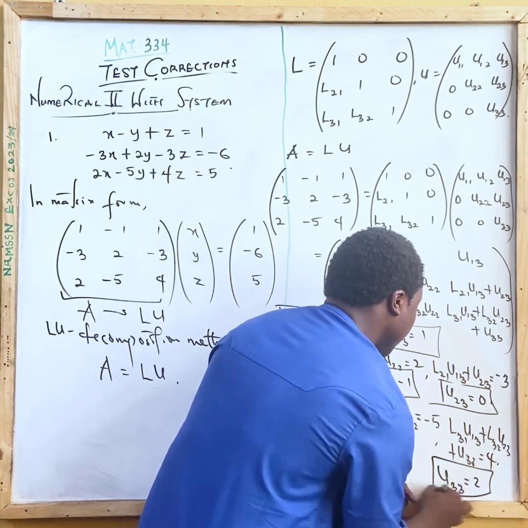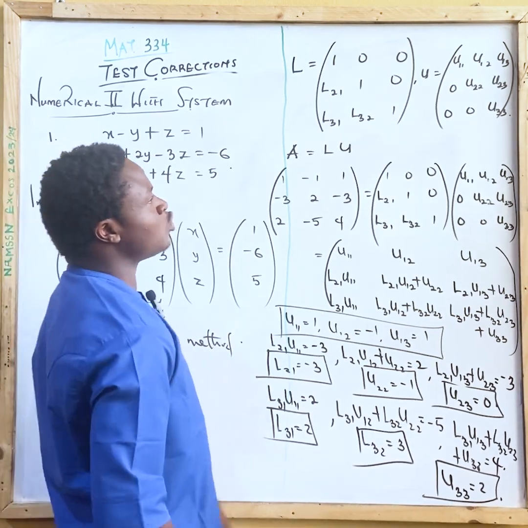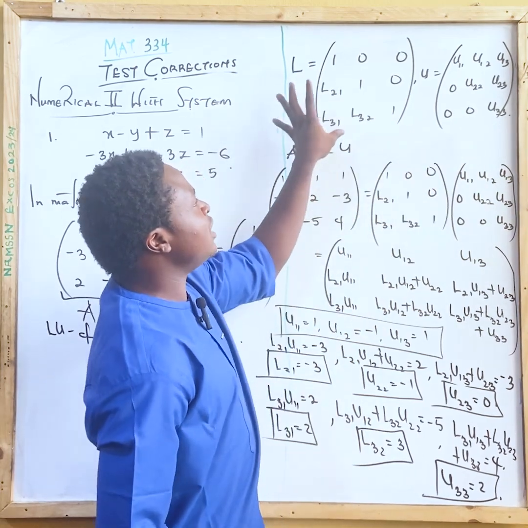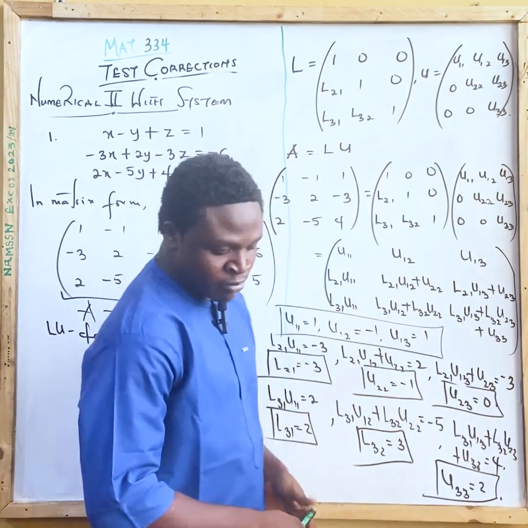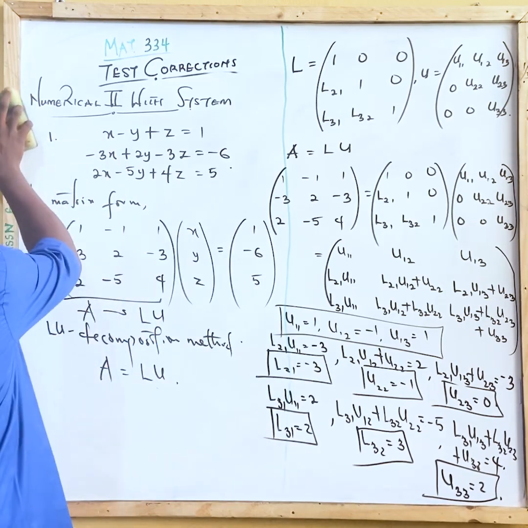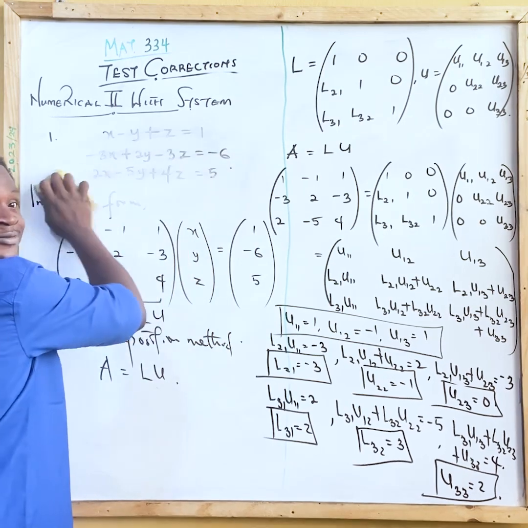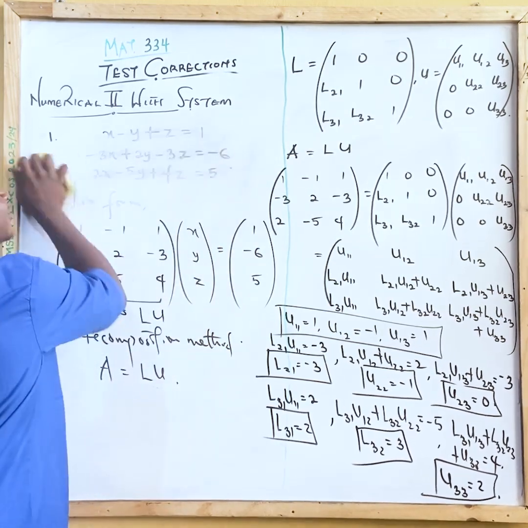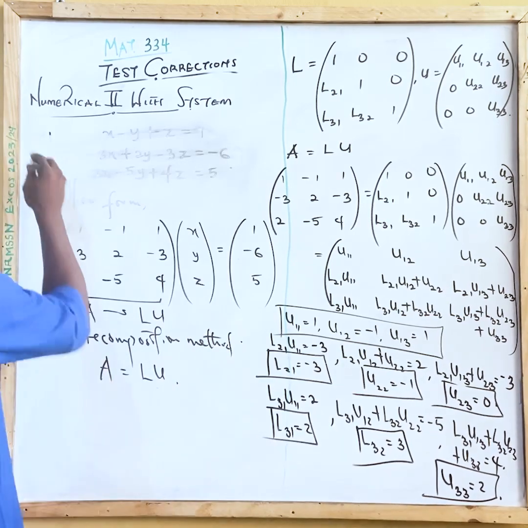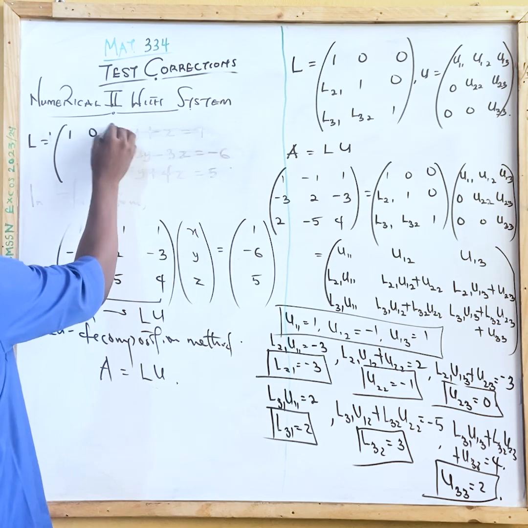Fine. So now I have gotten the values of L21 down to U33. So I'll go and write the values inside L and U, and that will mean that I have decomposed the matrix. So finally, our L becomes 1 0 0.